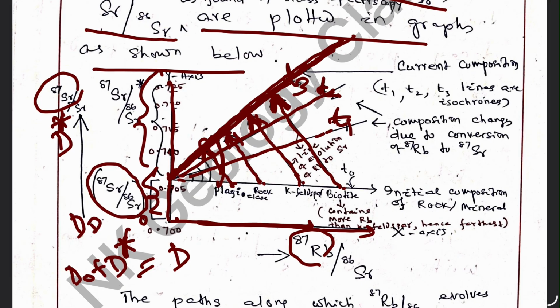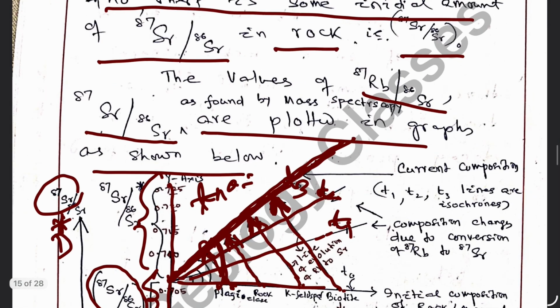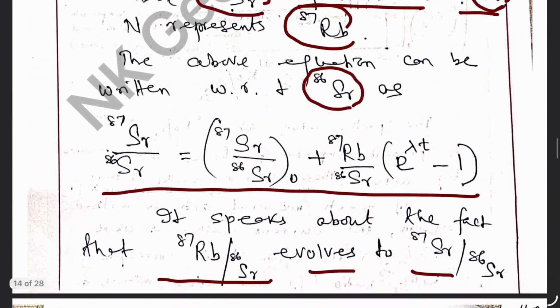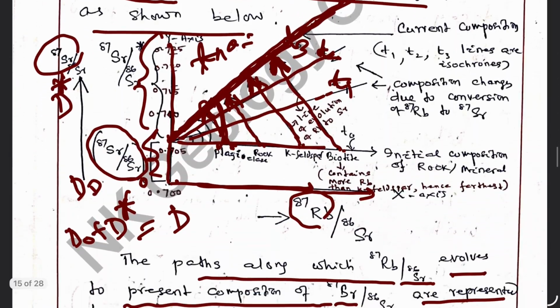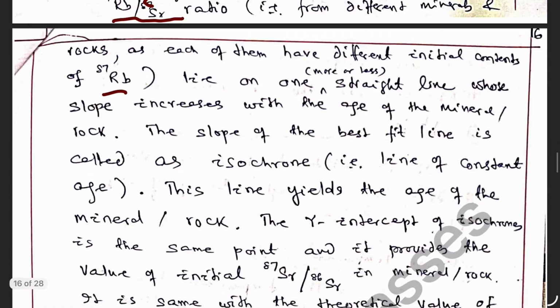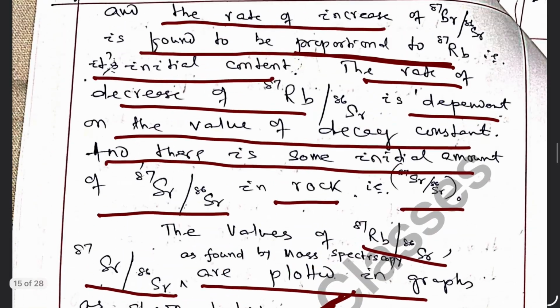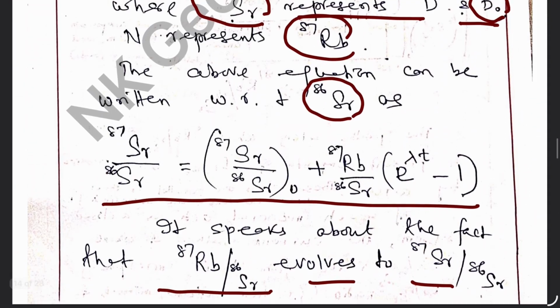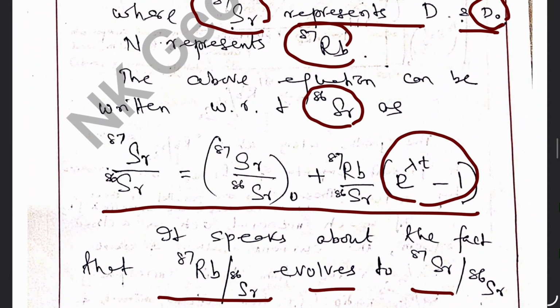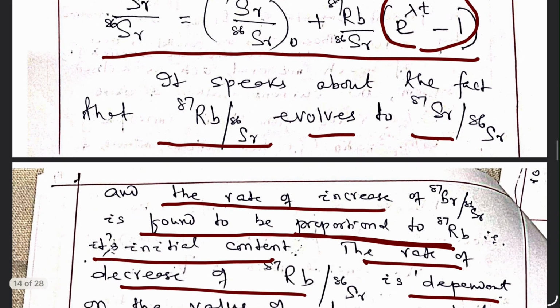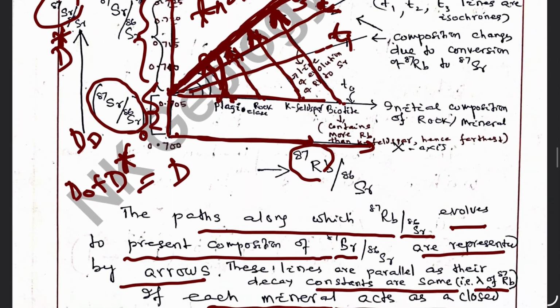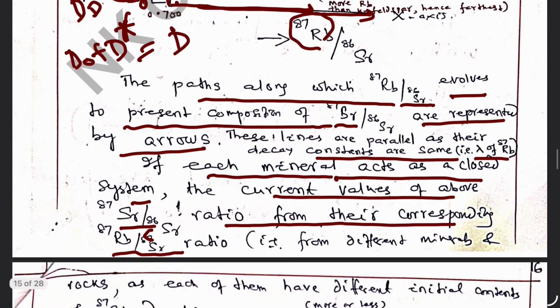And this slope is important, this tan theta, which is equal to e to the power lambda t minus 1. As we have seen, this is the tan theta, this is lambda. This is the slope. More the slope, more is the age of the rock.